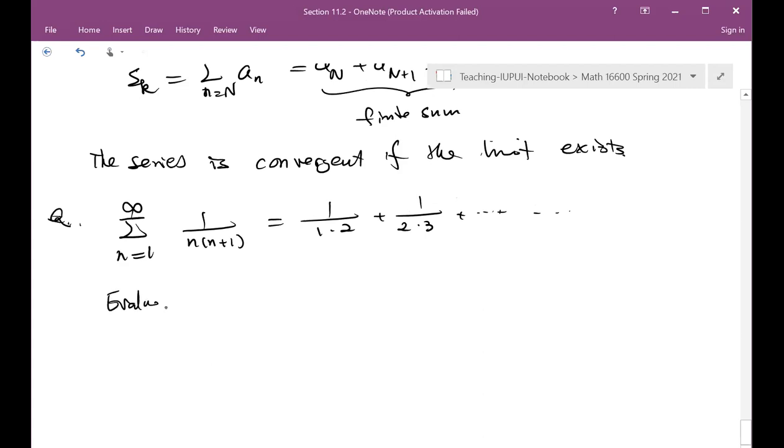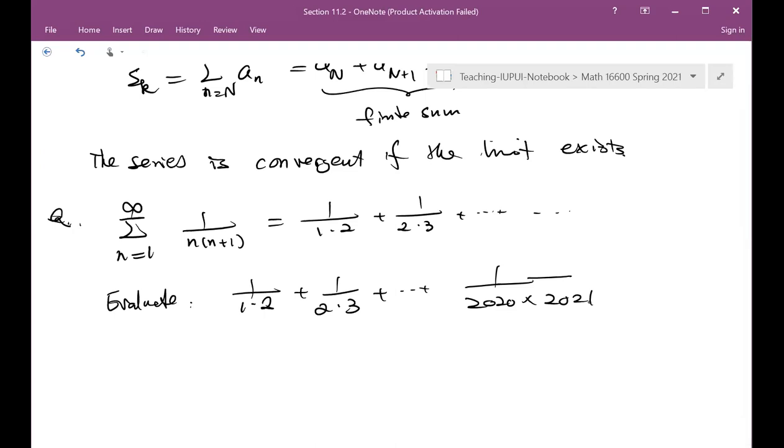Evaluate the sum. Last year it was 2020 and this year 2021. Every year they probably give a similar problem. And the question is, how many terms here? 2020 terms. How do you add them together?